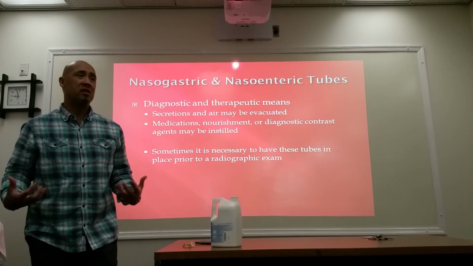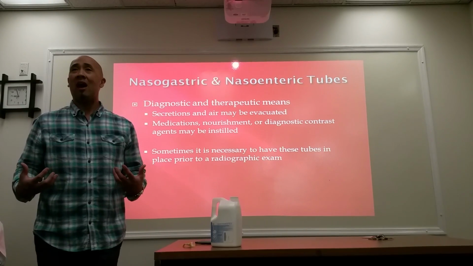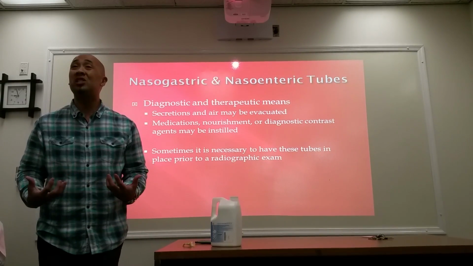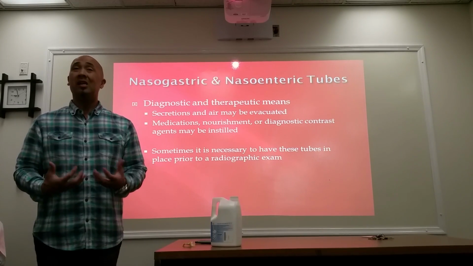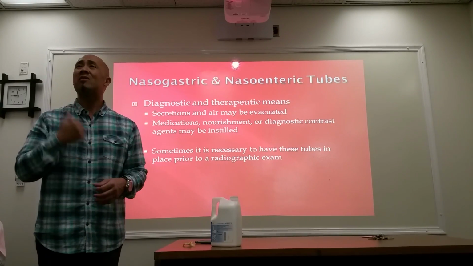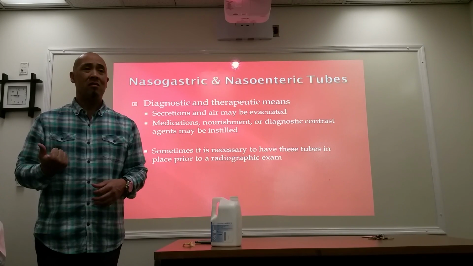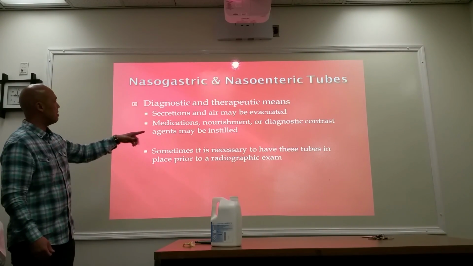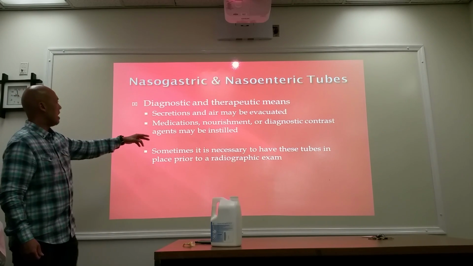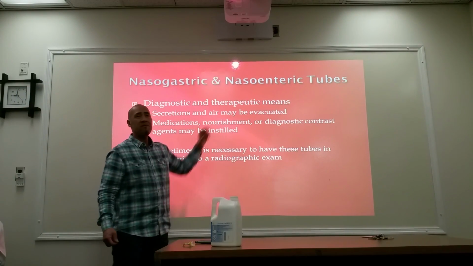So you have this gas buildup, and you also have your body producing all these secretions, causing again your stomach to bloat. So we'll put a tube down there to suck out any air. So that's why you have here gastric decompression.